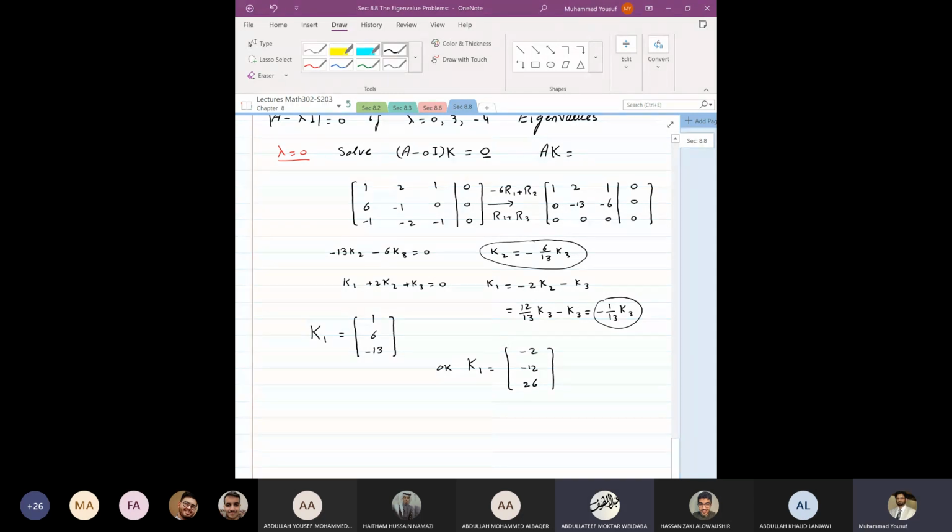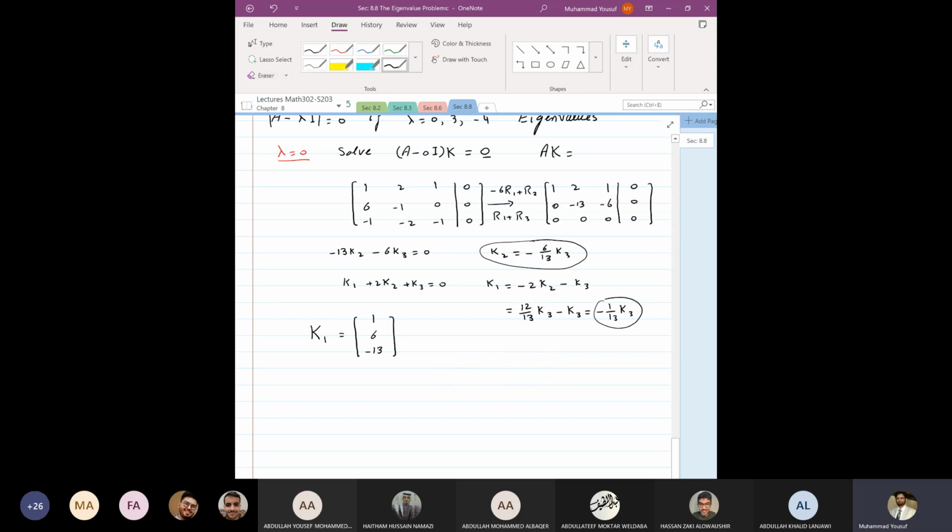No. Here we say the vectors are different if they are linearly independent. So my question is, are they linearly independent? Dependent, because we can multiply one and get another. Yes, so they are linearly dependent. If two vectors are linearly dependent, we don't consider them different.